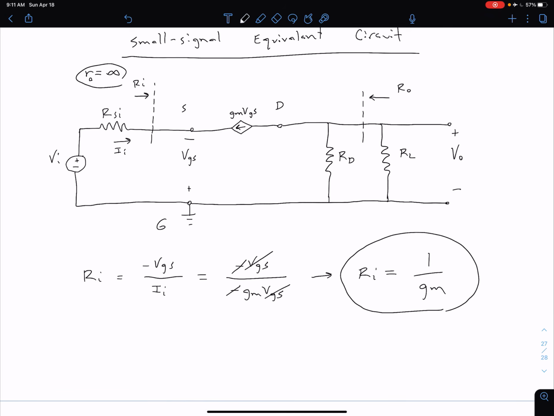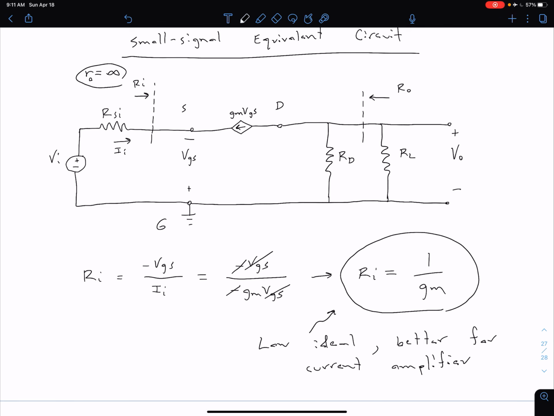And so typically, that's going to be a low value, which means it's not ideal for voltage amplifiers, but it's better if we have a current amplifier.